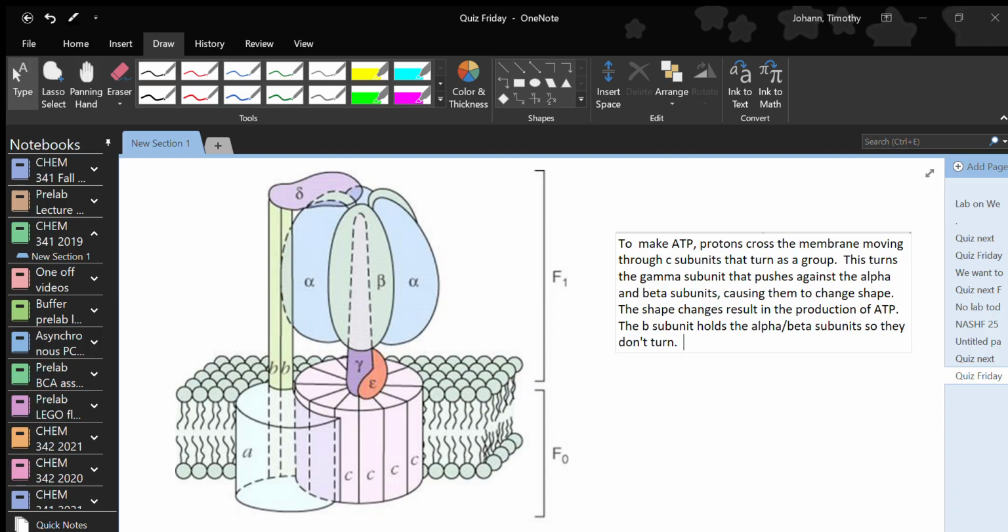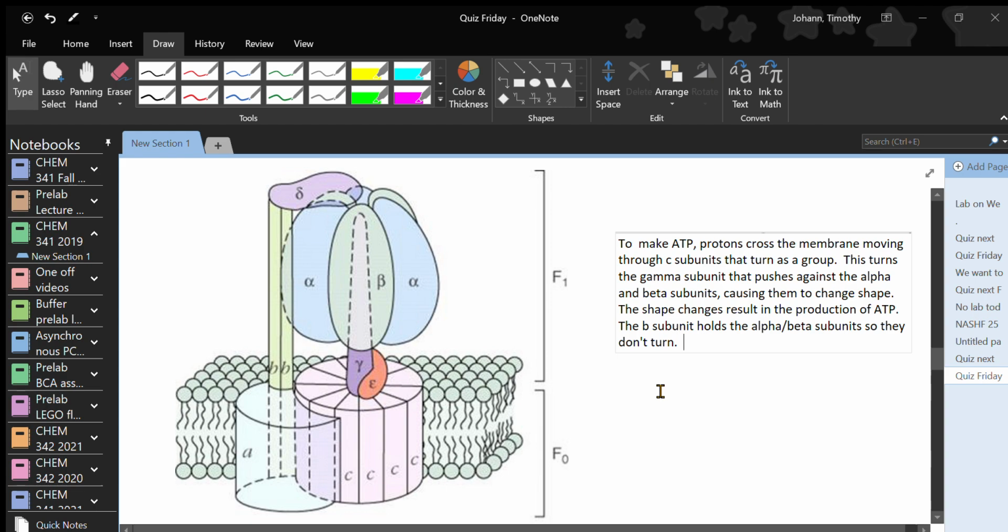It doesn't turn. This thing right here is a little offset, and as it turns, it pushes around in here, and it causes these to change shape. And that's how we make ATP. So you've got an enzyme, it changes shape, it binds ADP and phosphate, it smashes them together, it releases them. 3 different affinity states. We'll go over those in detail. Questions?